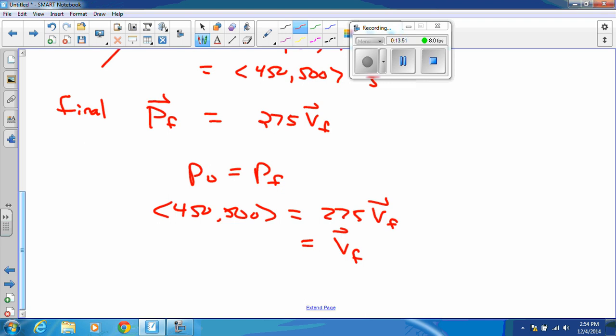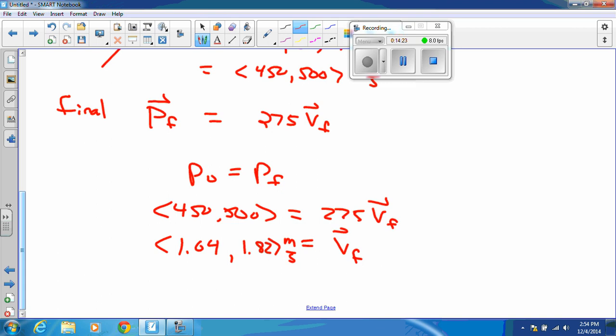We're going to get final velocity: 0.636 for X, 1.66 for Y, meters per second. That's exactly right.